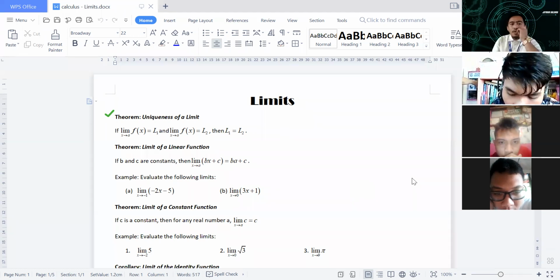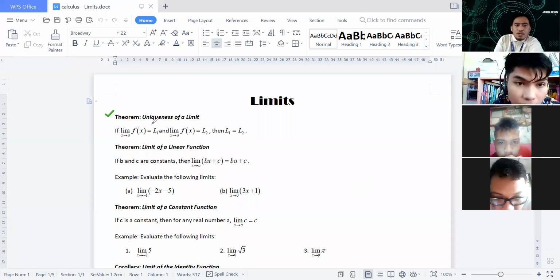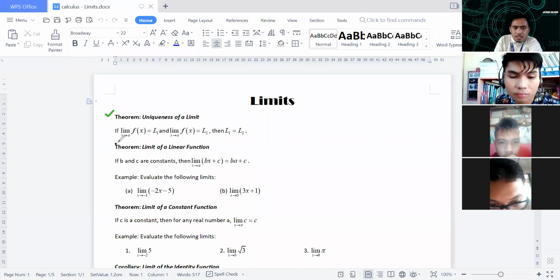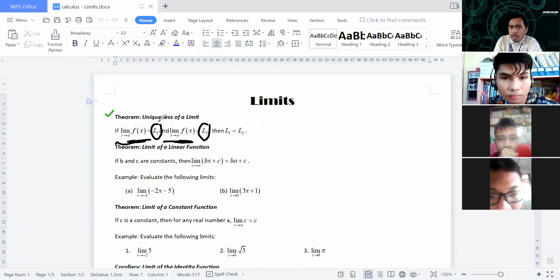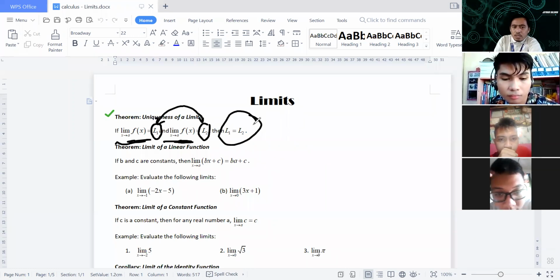This theorem tells us that if the limit of f of x as x approaches a is L sub 1, a certain value, and you also have the limit of f of x as x approaches a is L sub 2. In that case, they have the same function, the same fixed point, but the answer here is L sub 1 and the answer here is L sub 2. If that happens, L sub 1 and L sub 2 are just the same.